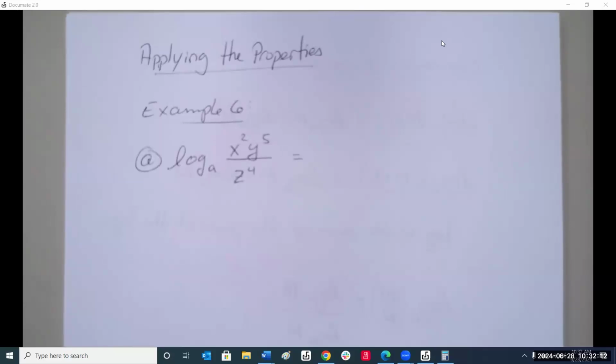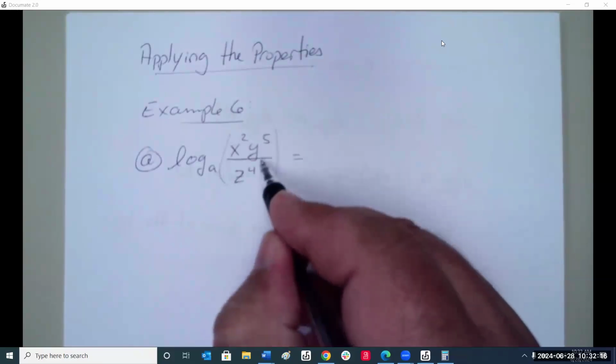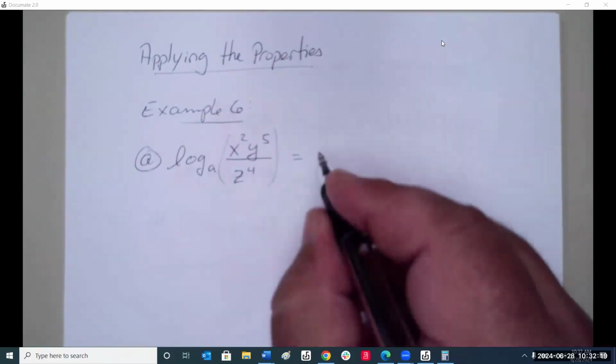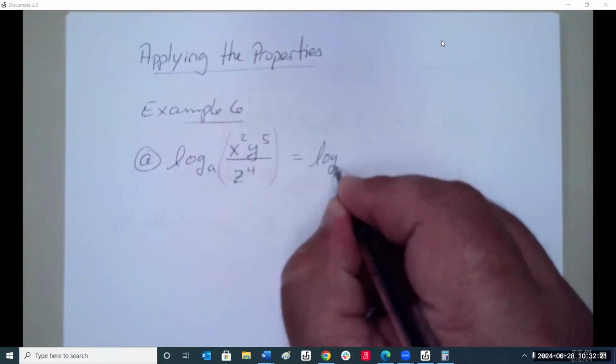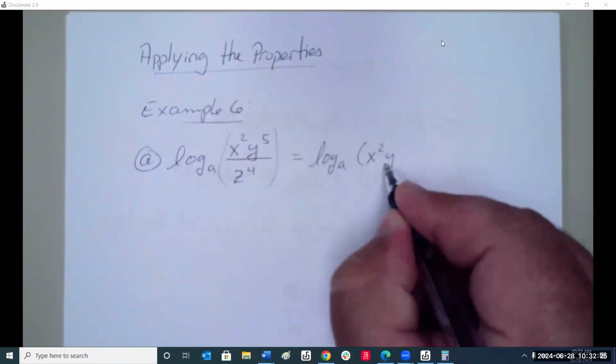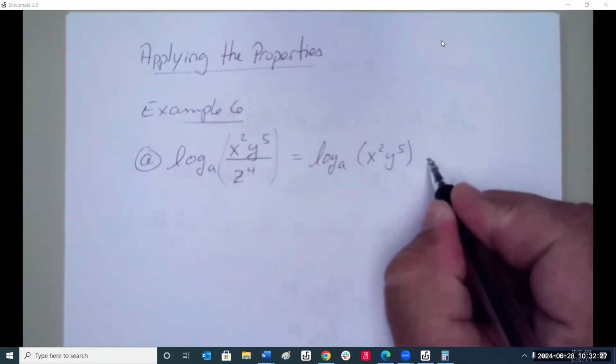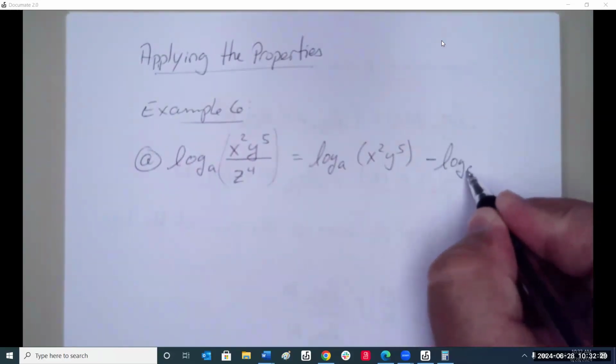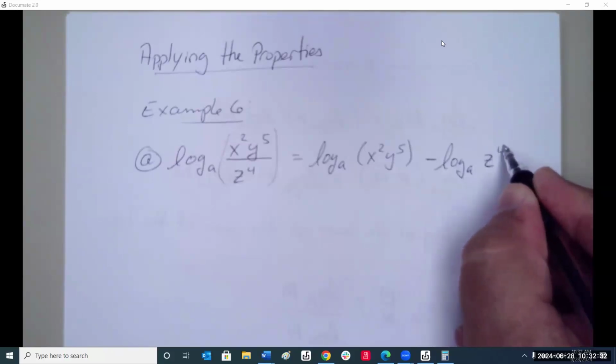Let's do it piece by piece. What's the first big thing you see here? It's a quotient. So since it's a quotient, whatever's on top minus whatever's on the bottom.